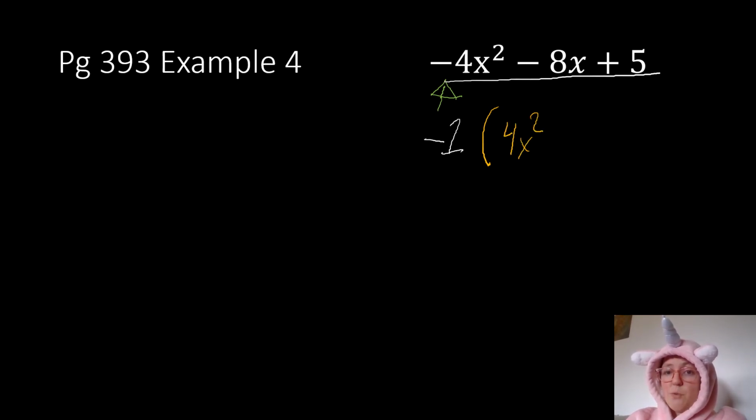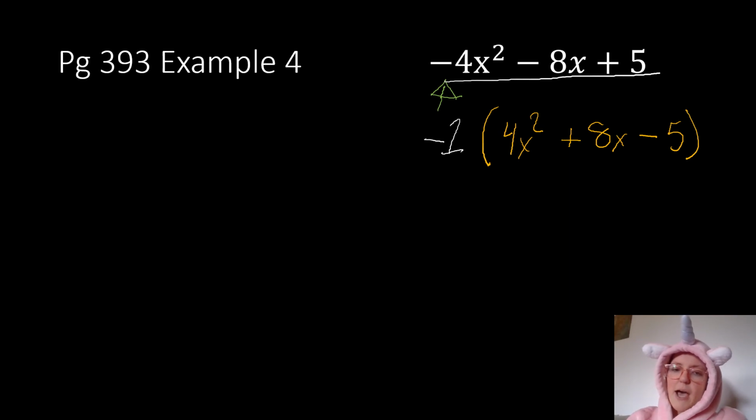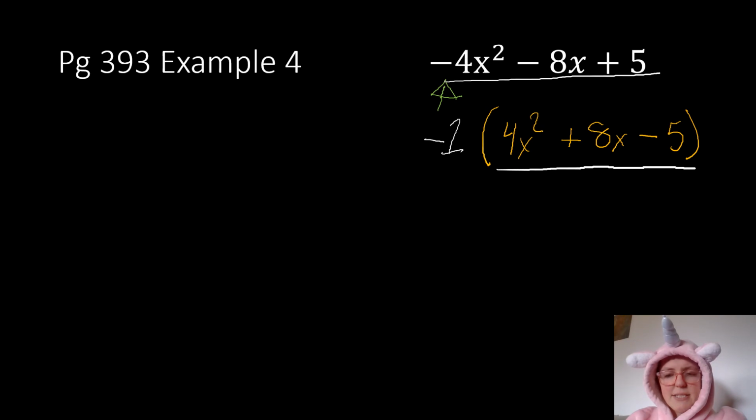If I take -1 out of -8x, we're left with a plus 8x. When I take -1 out of +5, we get -5. And I promise you that doing this factoring is going to be less confusing than doing that factoring.